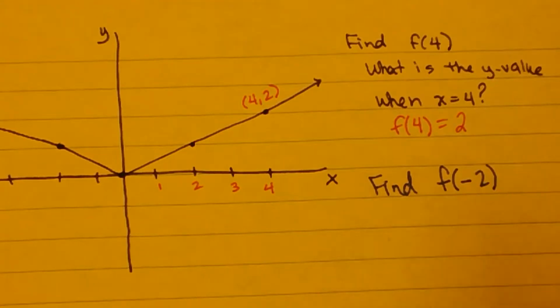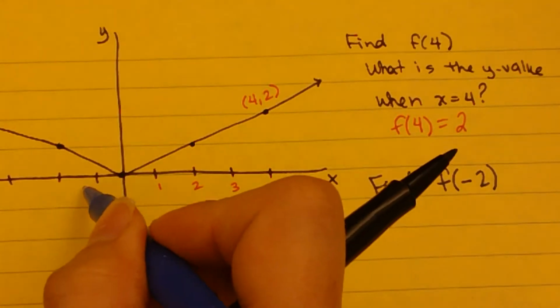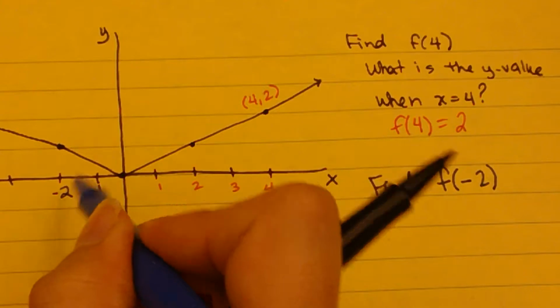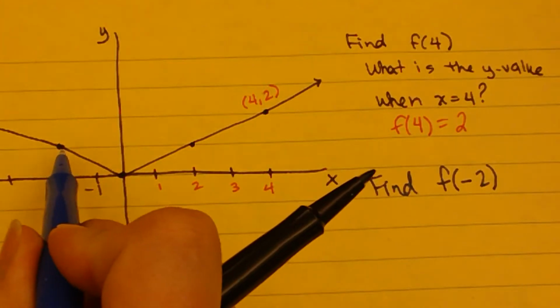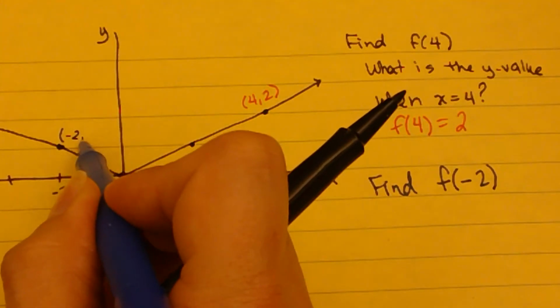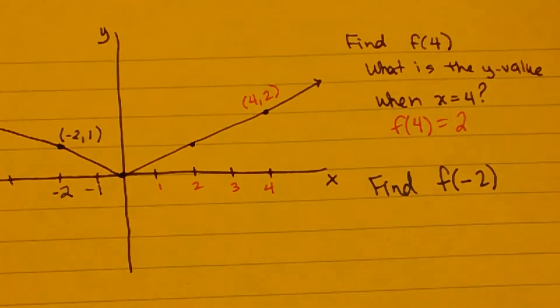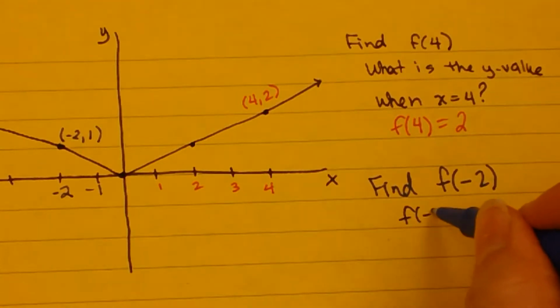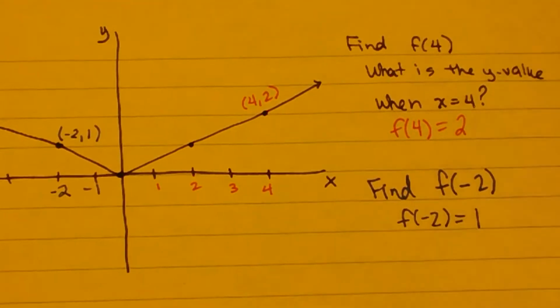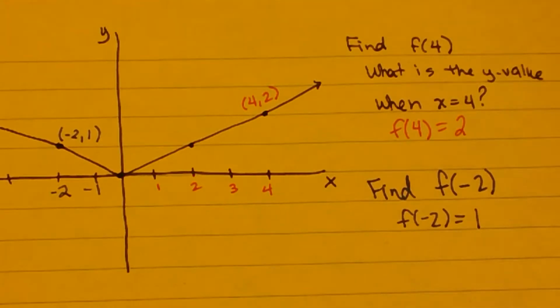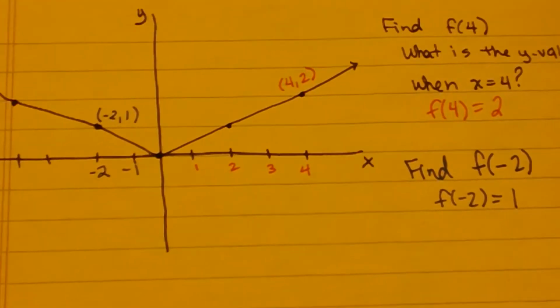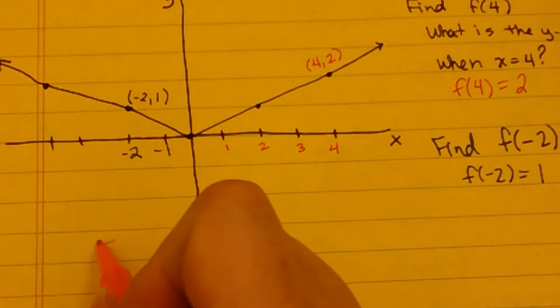So we find negative 2 on the x value, we follow it up to our graph, and we see that the ordered pair is negative 2, 1, so f of negative 2 is equal to 1. Now this also works in reverse. I could ask you for the x value if I give you a y value.